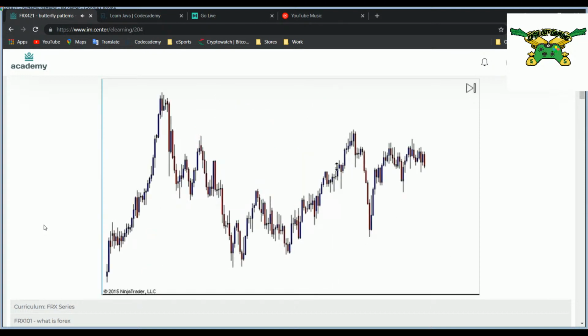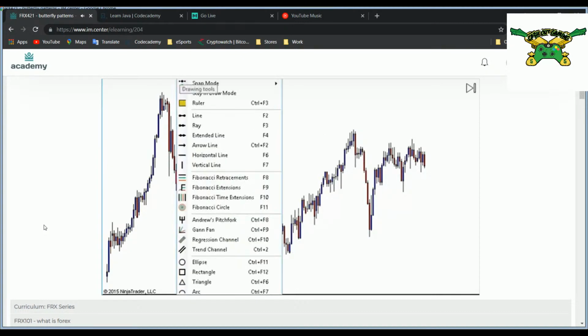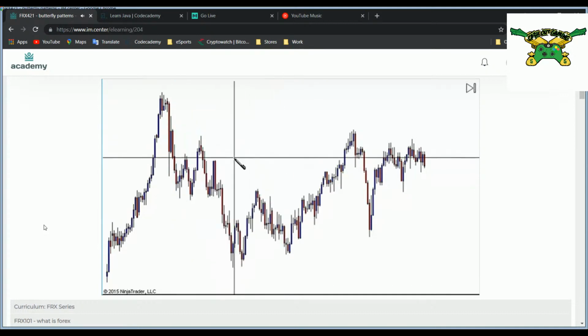In this example, we will show the butterfly pattern. And then we're going to discuss variations, and we will explain that. Let's first start with a swing high and then a swing low.